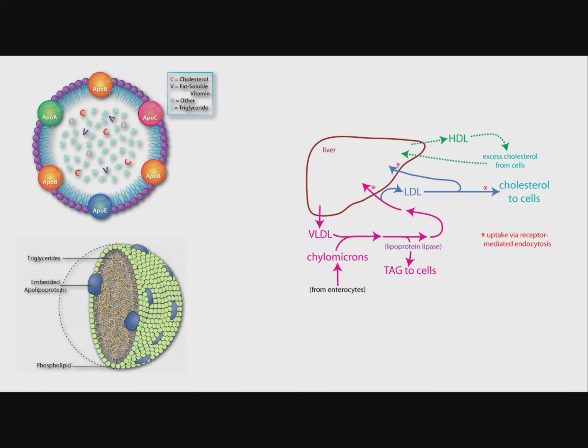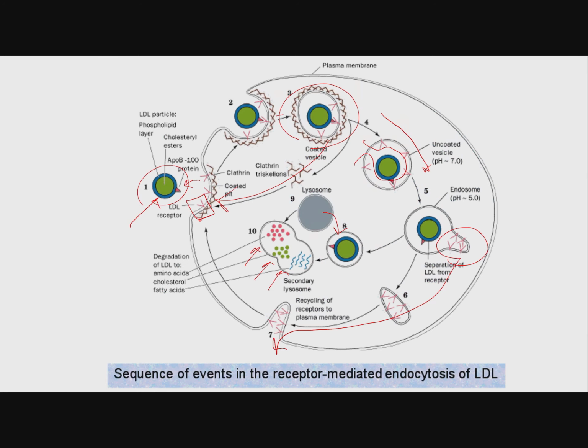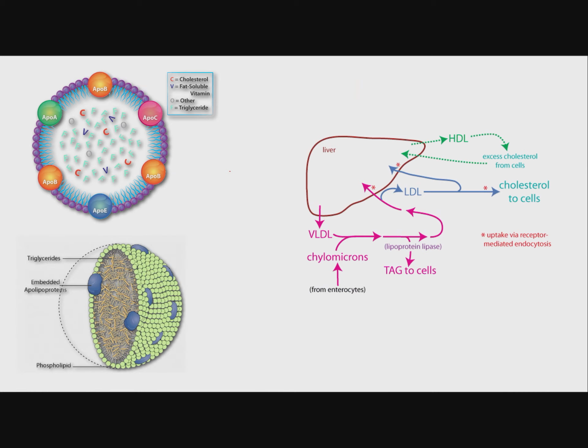Let's talk a little bit about the different percentages of those HDLs and LDLs. HDL, known as the good cholesterol, is about 33% protein and about 30% cholesterol. LDL, or bad cholesterol, is only about 25% protein and about 50% cholesterol.